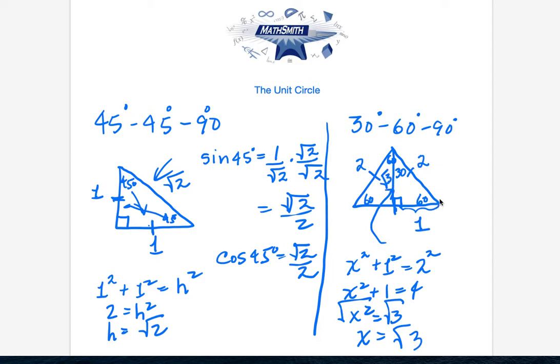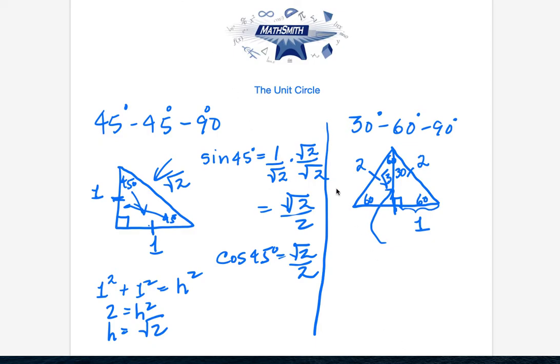So that means in a 30-60-90 triangle, if my hypotenuse is 2, my short leg is half of that, which is 1, and my long leg is the square root of 3 times the short leg. Do you remember that from geometry?